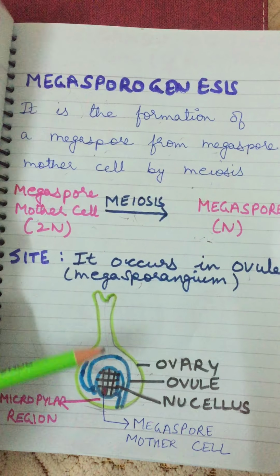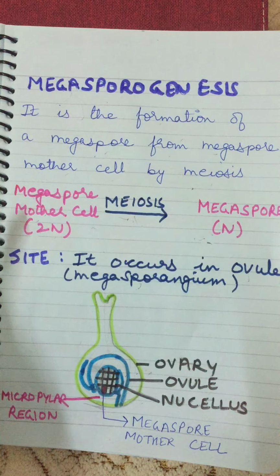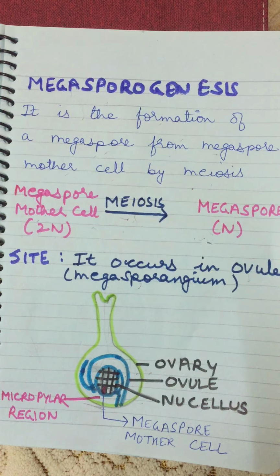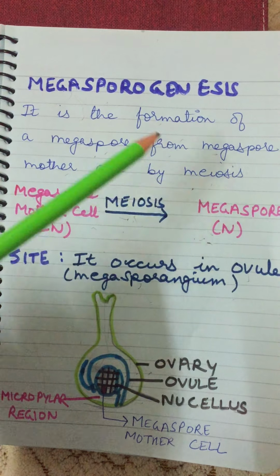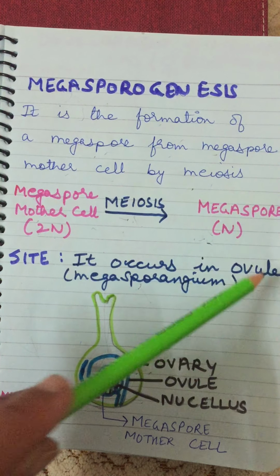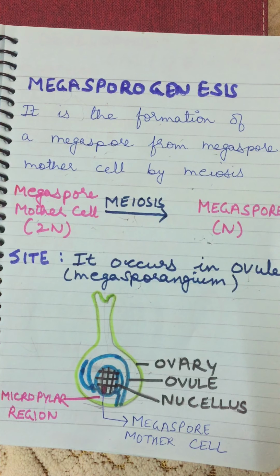Next is megasporogenesis, that is, formation of megaspores from the megaspore mother cell by meiosis. The site of megasporogenesis is the ovule. Megasporogenesis occurs inside the ovule, or we can say it occurs in the megasporangium.